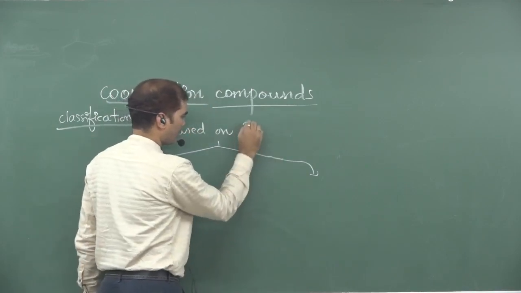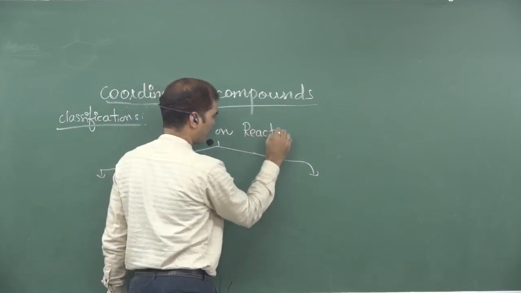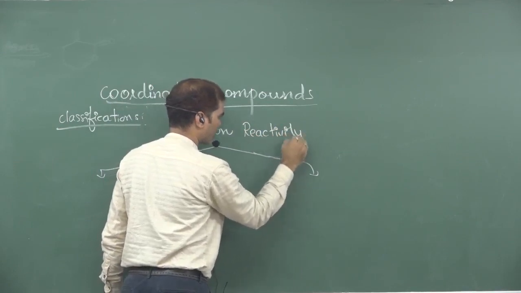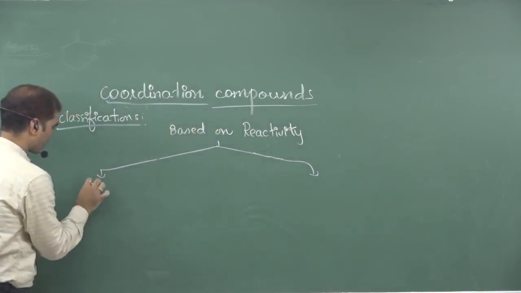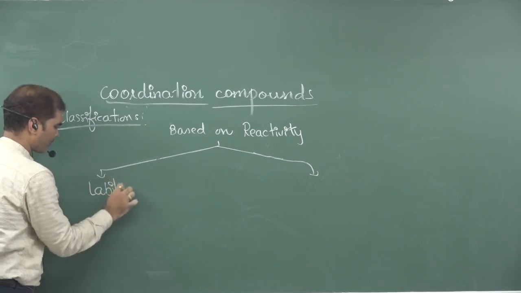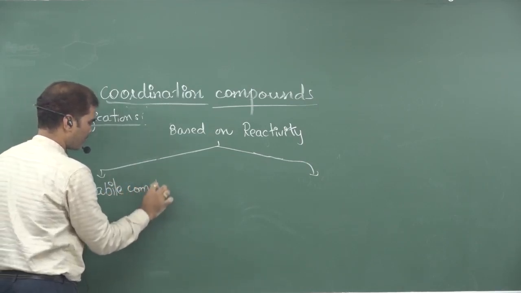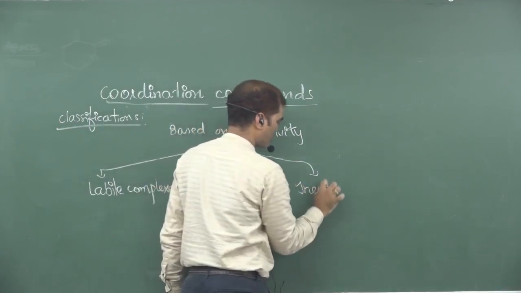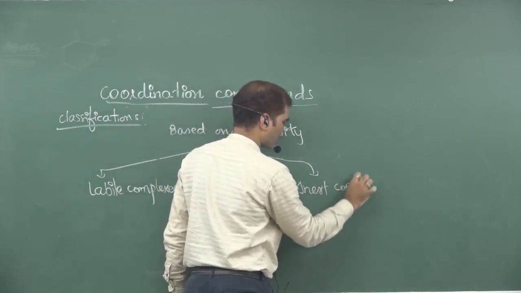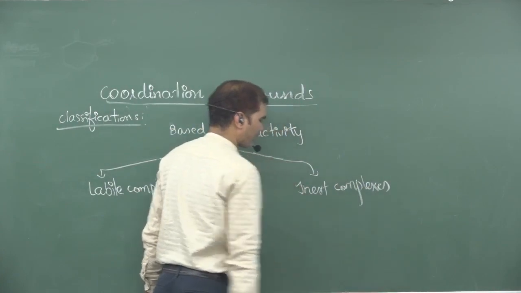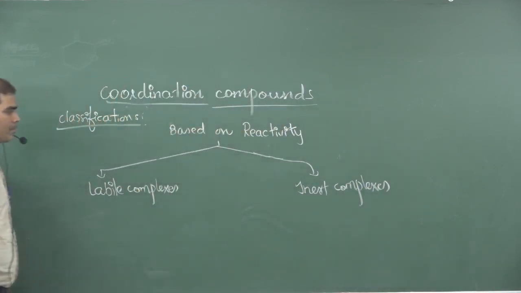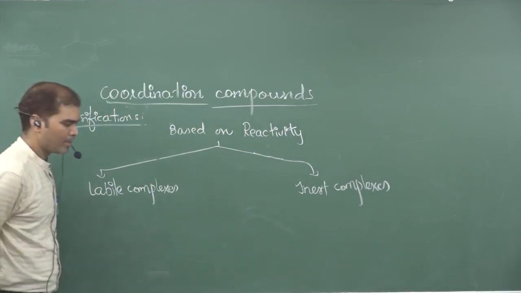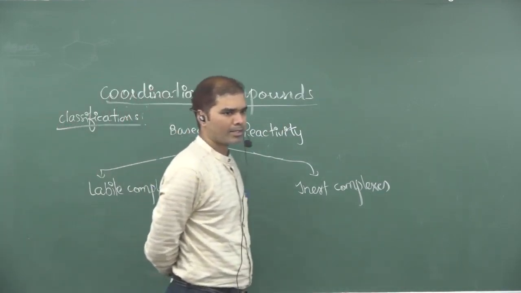Next one, based on reactivity we can also classify the complexes. Complexes are classified into labile and inert complexes. Two important concepts with respect to reaction mechanism are thermodynamics and kinetics.